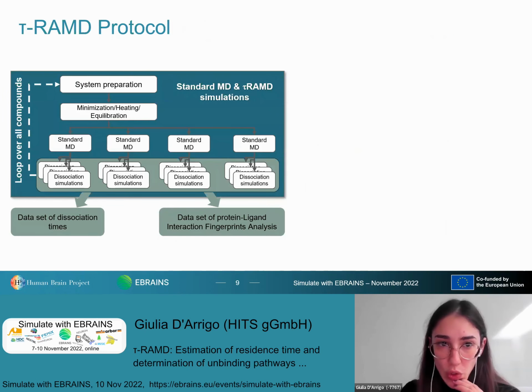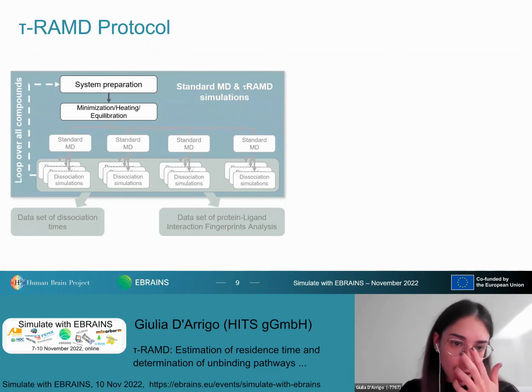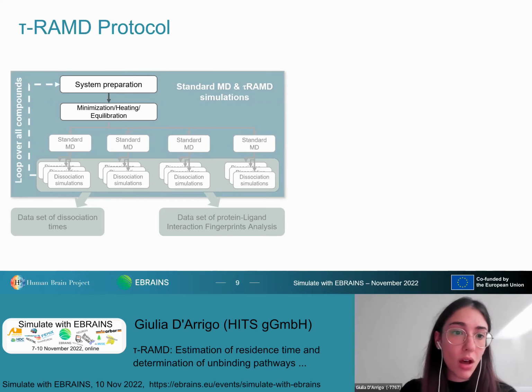So here I just want to summarize and try to give you a broad idea of how our TauRMD protocol is altogether. So let's say we want to start TauRMD from scratch. Of course, we need to start from the system preparation that you would do pretty much as you would prepare any system from which you want to start a standard molecular dynamics simulation.